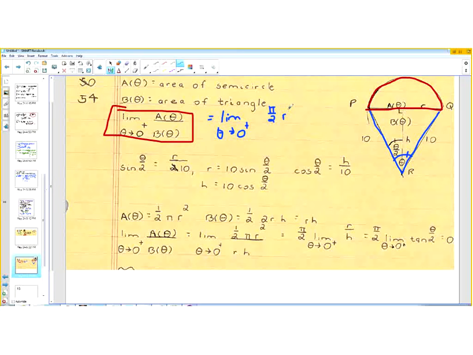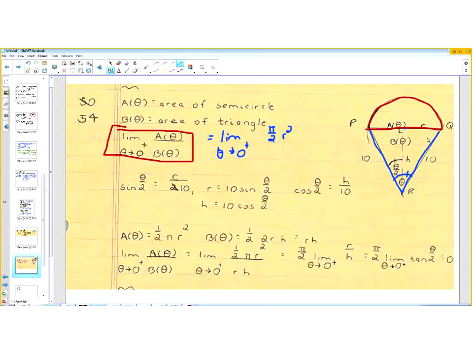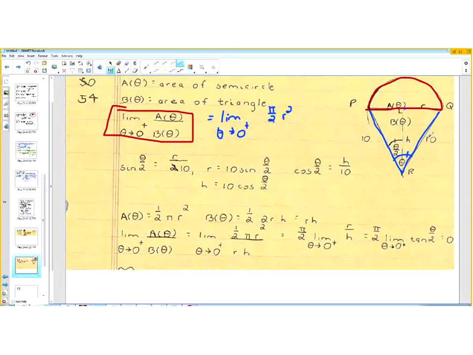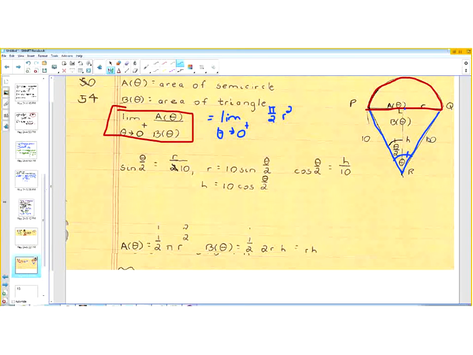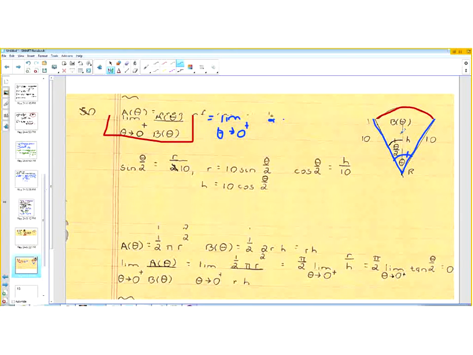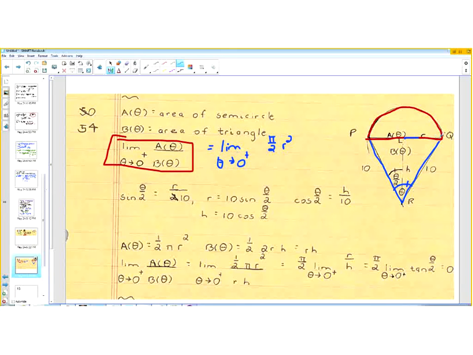And it looks like r is labeled as 10. Is that right? No, actually we don't know what the radius is. We know this length is 10, this length is 10. Do we have any information about what r is? Not yet. So r we'll consider to be the radius of the semicircle, like that.